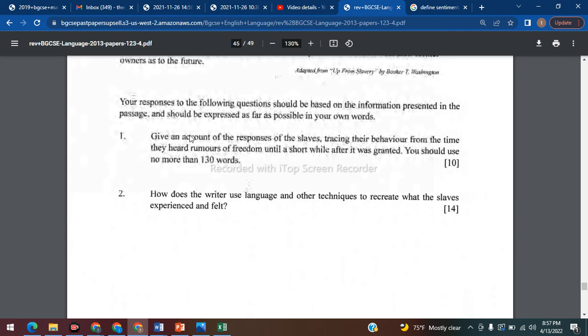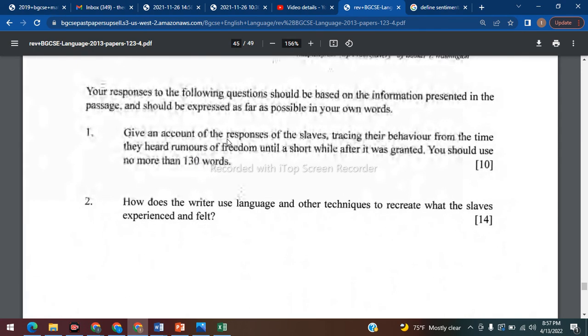Is that homework, or is the other one? I'm saying, do we have to? If you understand the question, because we already went over the paragraph, the essay, I think it'll be alright. It says give an account of the response of the slaves, tracing their behavior from the time they heard the rumors of freedom until a short while after it was granted.